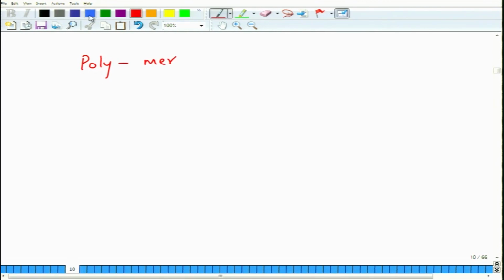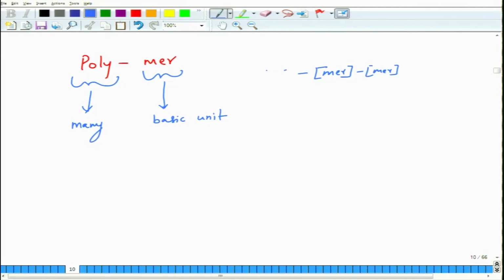If you look at the name polymer, poly means many, and mer means a basic unit which gets repeated. So one mer is attached to another mer, is attached to another mer, and this process goes on for thousands of units, and they make a chain.